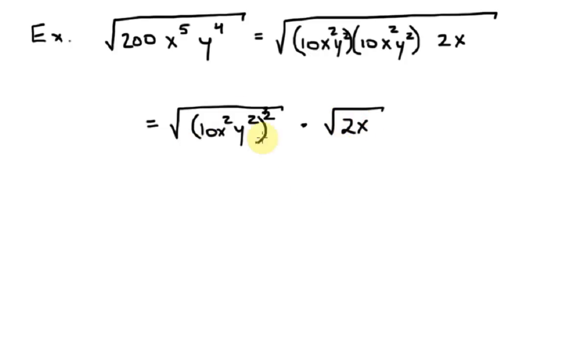Well, this stuff here, you're square rooting, but you're also squaring, so that just turns into whatever's in the brackets. So you got these guys here sitting out in front, and then you're going to multiply that by the square root of 2x. And so now we're all done. And maybe that's where we're going to stop for today. We'll come back with more exciting radicals.